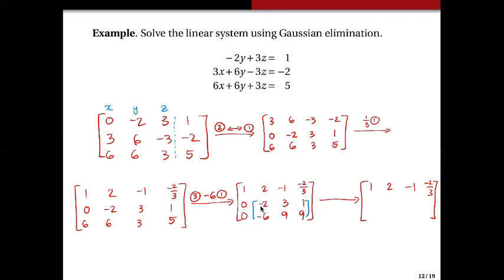Now we proceed with step number 3 because we don't have to interchange. Step 2 is interchange. Step 3, we want to introduce a leading one, which means if we want to make this 1, we divide the second row by negative 2. So we have negative 1/2 of the second row.